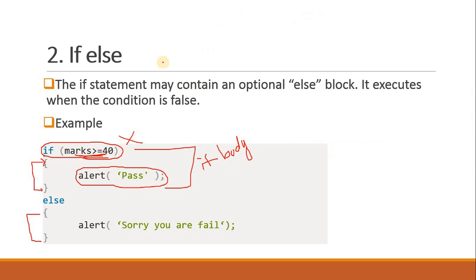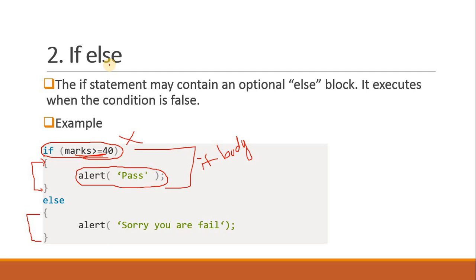Now the drawback of the if else conditional statement is it only tells what to do if the condition is false and what to do if the condition is true. But there may be some situations where the result may not always be true or false.